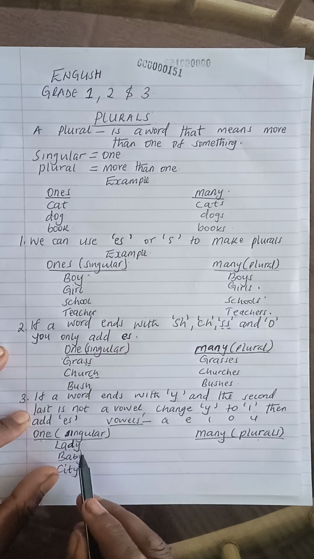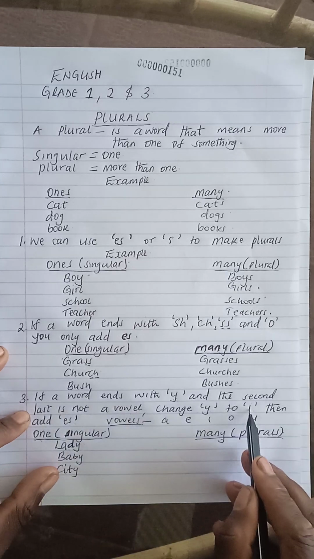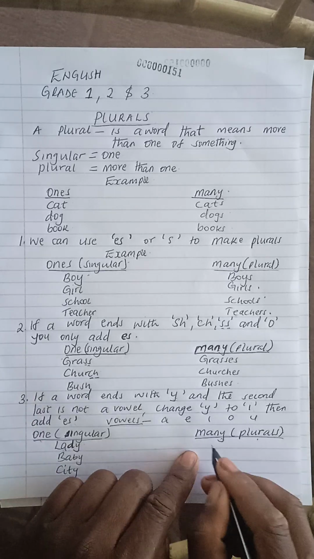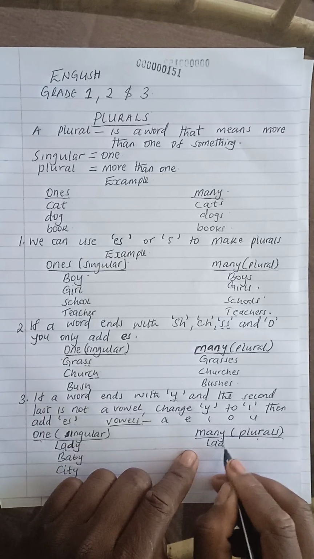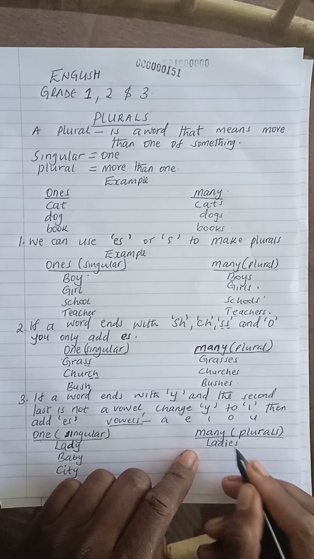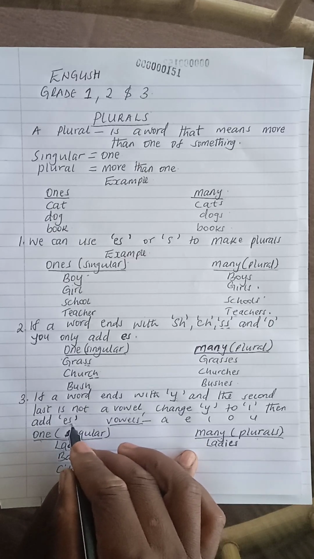If the second last letter is not a vowel, you drop letter Y, then you add I, then ES. So for this, it will be ladies. You see, we have removed letter Y here, inserted I, then added our ES the way they have said here.